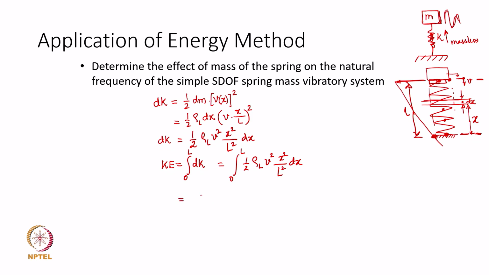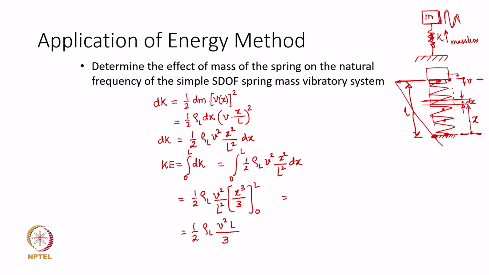And we can show that it is equal to half rho L V squared over L squared times x cubed over 3, and if you solve this you will get half rho L V squared L upon 3.